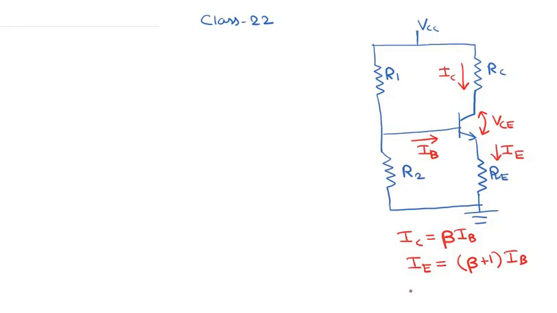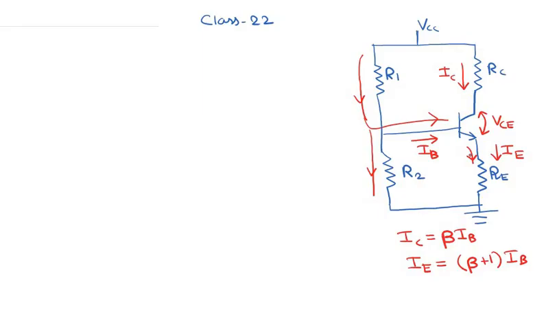Now this circuit is quite complicated to solve, because the current flows through this resistor R1, and then a part of the current flows through the base as the base current, and another part flows through the resistor R2 as the current through R2, and then this base current that enters and the current that comes out of the emitter are not the same. So this network is somewhat complicated to solve. It's not too complicated, but there is some complication.